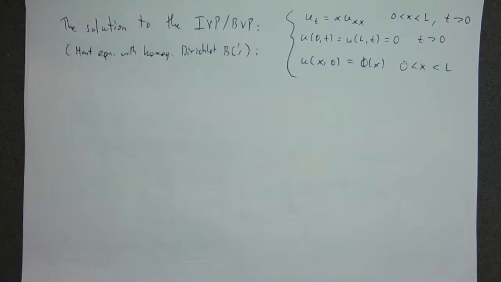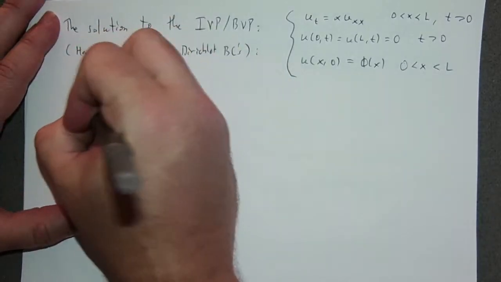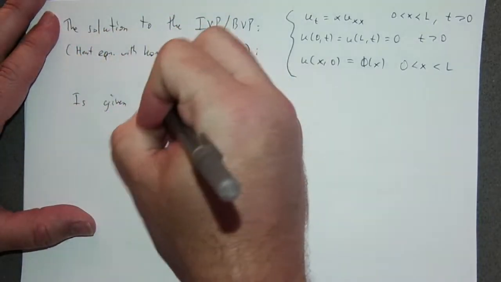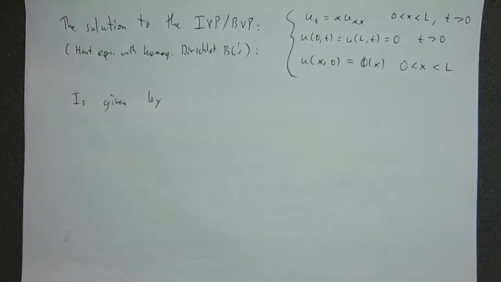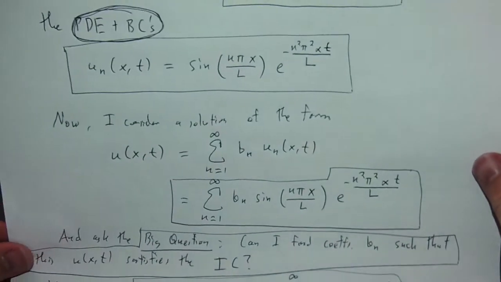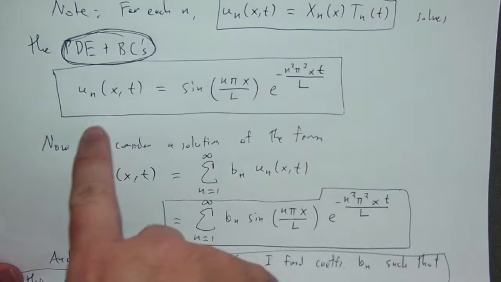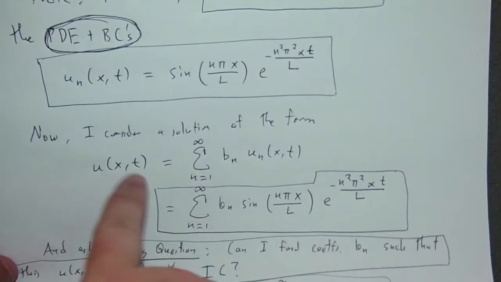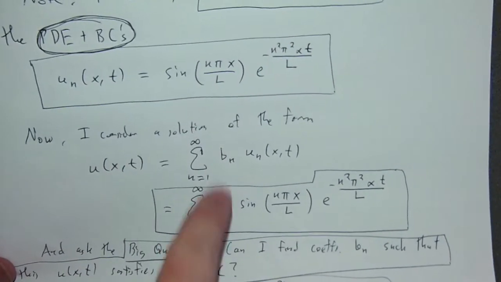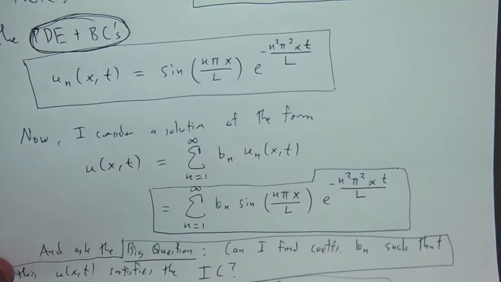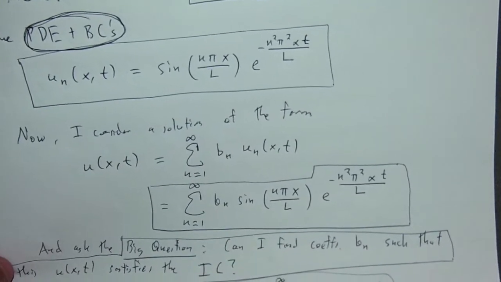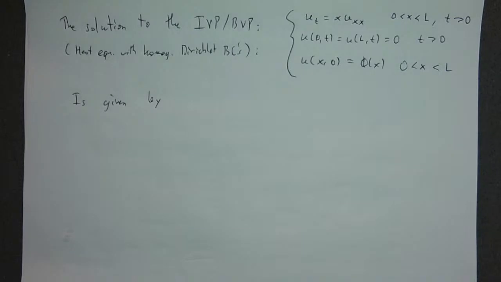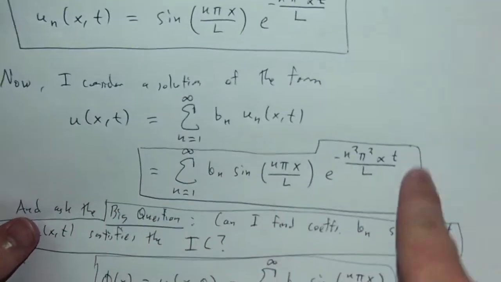The solution to this is given by, where did we get this from? We got this from this step. Once we had found our separated solutions for each n, each of these eigenfunctions here, then we took the step of considering a solution that was an infinite linear combination of such separated solutions. So like this, okay? And so this is our solution we're claiming.